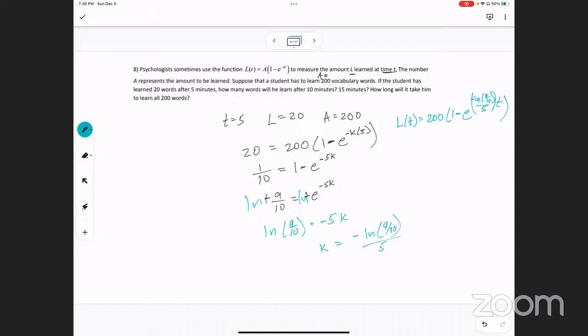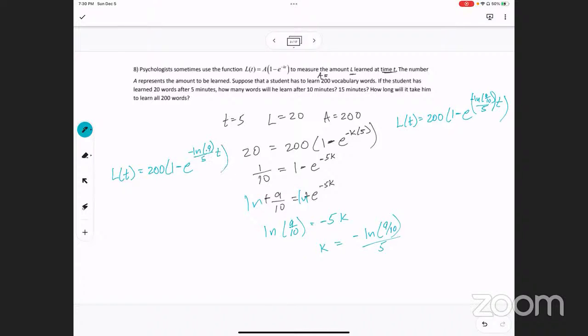So now I'm going to plug in, and this is where it's nice to have that calculator. There's no possible way you can do this without a calculator. You would need either a table or a calculator, but they don't use tables anymore. So I'm going to write this over here. Negative ln of 0.9 over 5 times T.